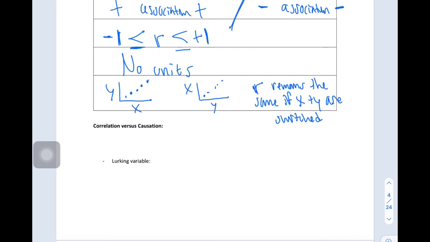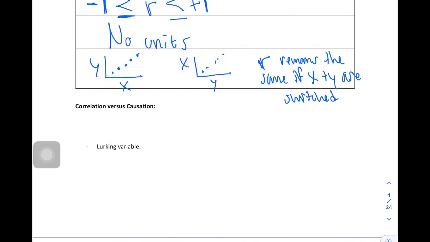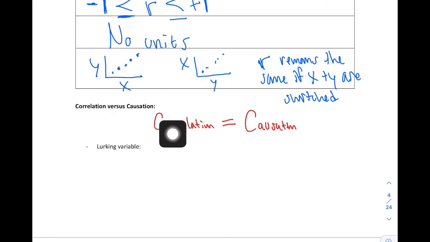So causation and correlation, it is a huge, huge stats mistake to say that correlation equals causation. Just because two things are correlated does not mean that one causes the other. It does not mean that at all.